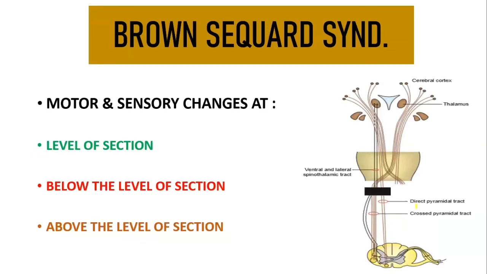The motor and sensory changes that happen at the level of section, below the level of section, and above the level of section. Suppose this is the section: what are the motor and sensory changes at this level, below it, and above it? These constitute Brown-Séquard syndrome. A very important question.